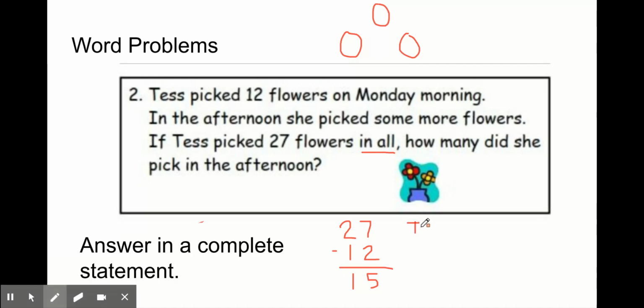We would say Tess picked, and then our answer, 15. 15 what? 15 flowers. We always need to include that unit. Don't forget. If you don't include the unit, you have not answered the question. And remember, we always need to answer in a complete sentence.